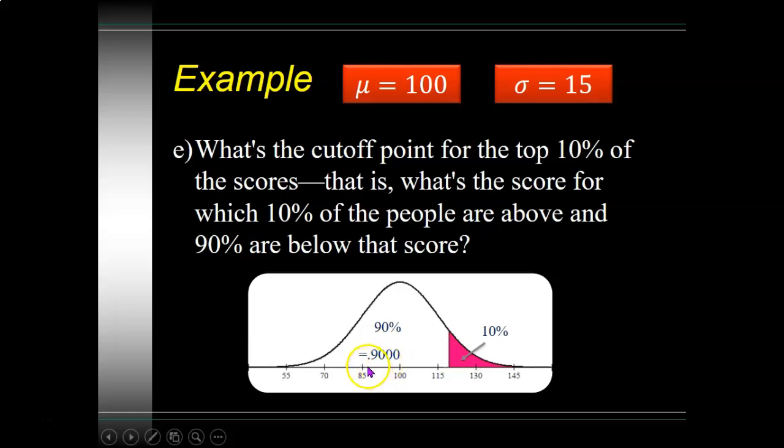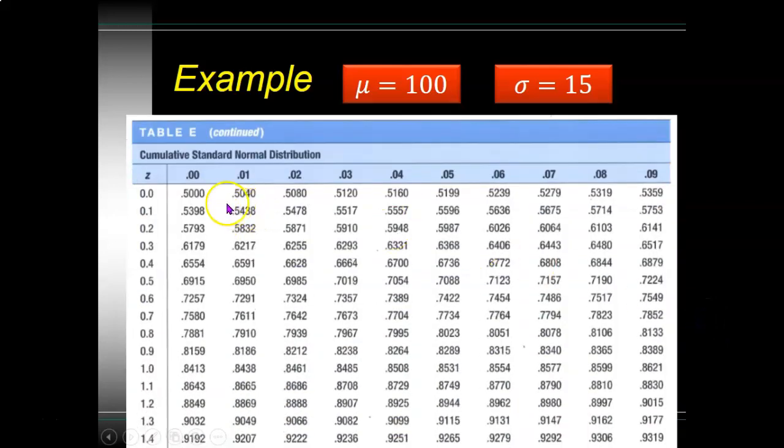We could also write that as 0.9000. It's an area, so if you're used to the way that the table is set up, the areas are those numbers in the middle of the table that are given to 4 decimal places. So if we are going to be using the table, we look through the middle of the table where the areas are to try to find the closest thing we can to 0.9000.